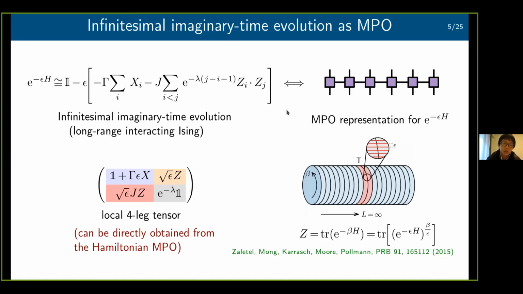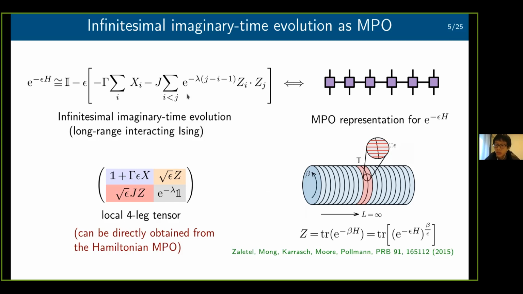Here we take the long-range interacting Ising model as an example, and you can see that all these terms can be correspondingly put into the local tensor of this MPO representation. And you can also discover that there is a one-to-one correspondence between the MPO representation for the Hamiltonian and the MPO representation for this imaginary time evolution operator.